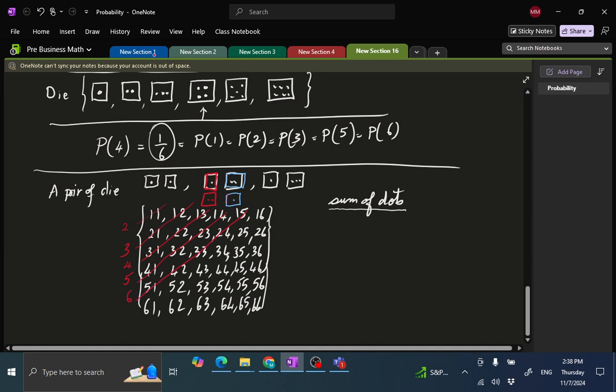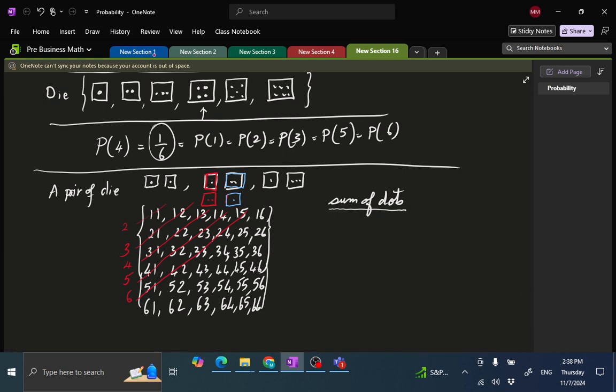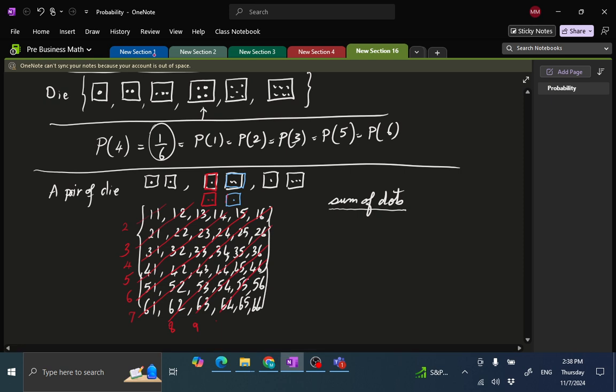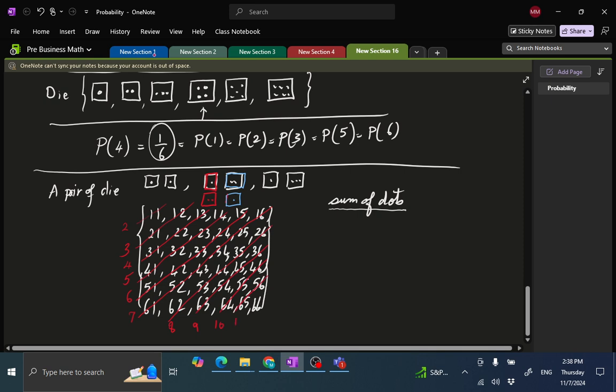So 6 means I got either 1 and a 5, or 2 and a 4, or 3 and a 3, or 4 and a 2, or 5 and a 1, and that all leads to 6. The next round is 7. I can get 7 in 6 different ways. And this is I get an 8. This is I get a 9. This is I get a 10. This is 11. And this is of course a 12.